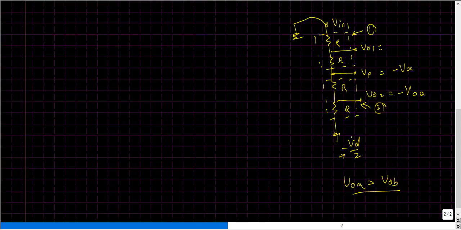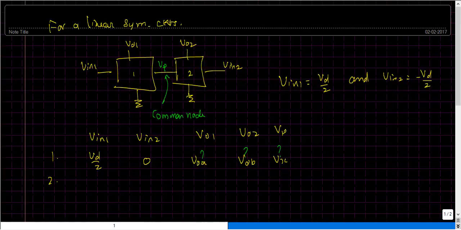And similarly, what I would get across the VO1 node is minus VOB here. I'm going to apply these values to the table back on the first page, with VO1 now being minus VOB, then minus VOA, and over here it is minus Vx.